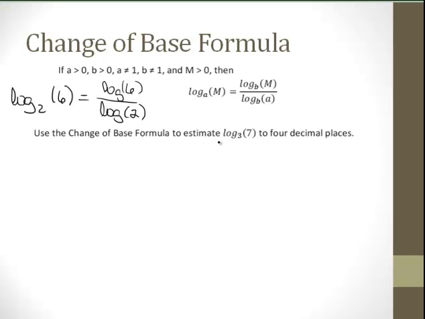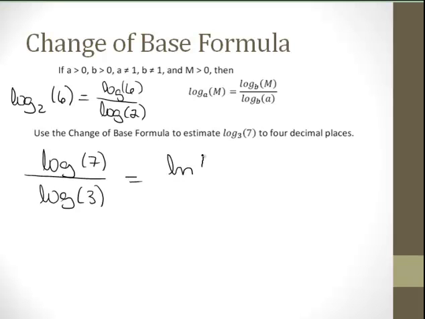Use the change of base formula to estimate log base 3 of 7 to 4 decimal places. So that's going to be log of 7 divided by log of 3. Or you could even use natural log of 7 divided by natural log of 3. It's up to you.